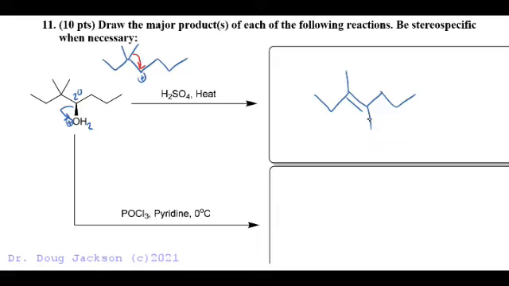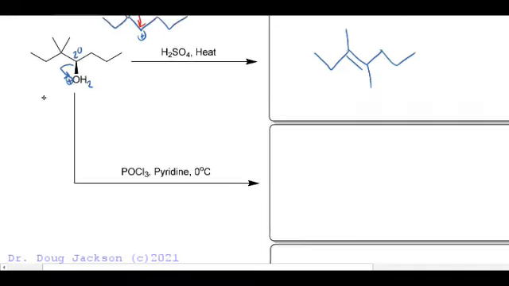of the alkene. Okay? With our POCl3 and pyridine, however, we don't have a carbocation formation, and so we're going to undergo an E2 elimination that is unable to eliminate to this side because there's no beta hydrogen.